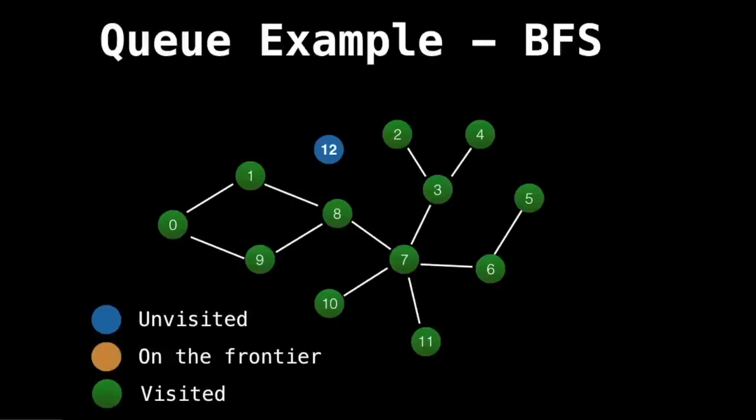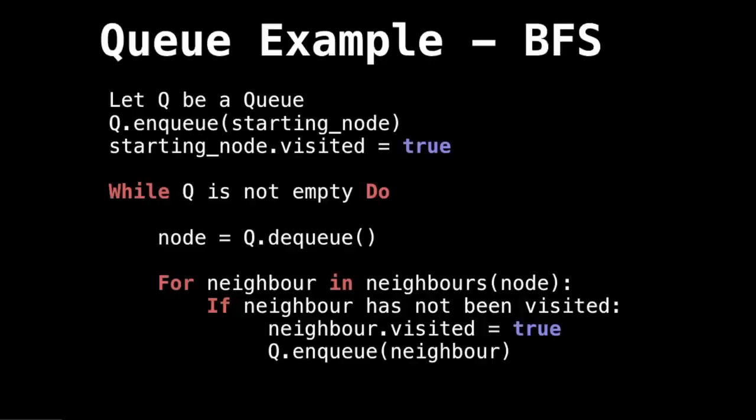So suppose we wanted to actually code a breadth-first search. How would that be done? Well, the idea is to use a queue. So first, we add the starting node to our queue, and then we mark the starting node as visited, and while our queue is not empty, we pull an element from our queue, or dequeuing, and then for every neighbor of this node we just dequeued, if the neighbor has not been visited yet, mark the neighbor as visited and add it to the queue.